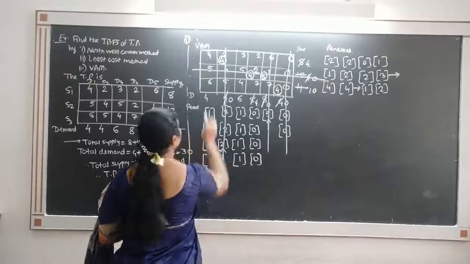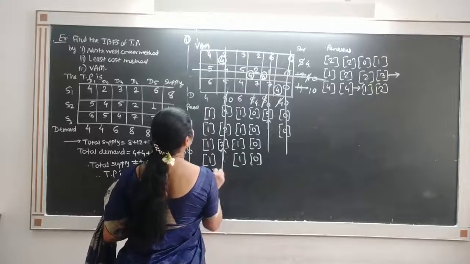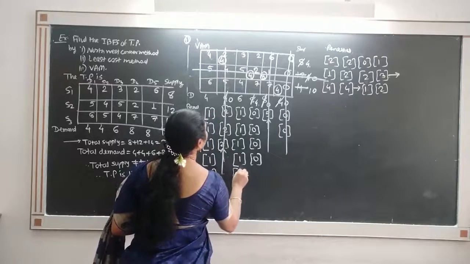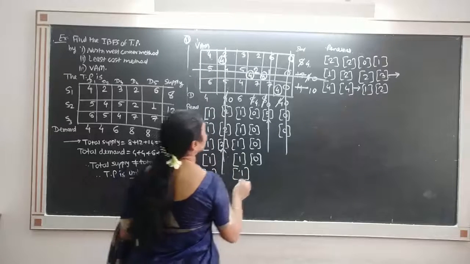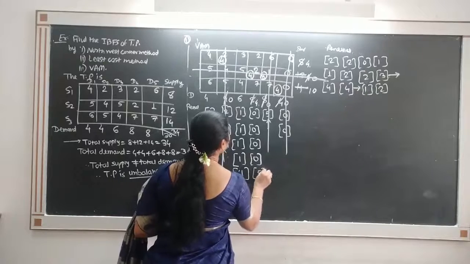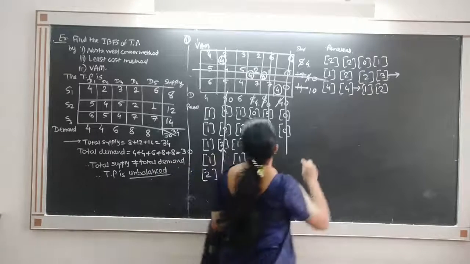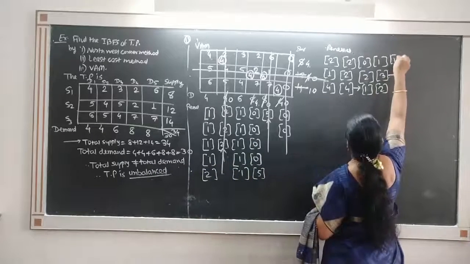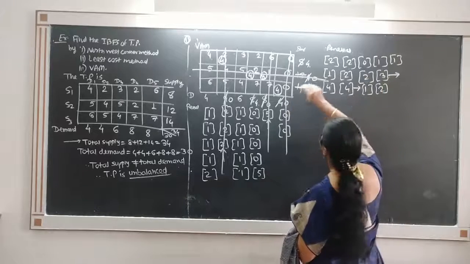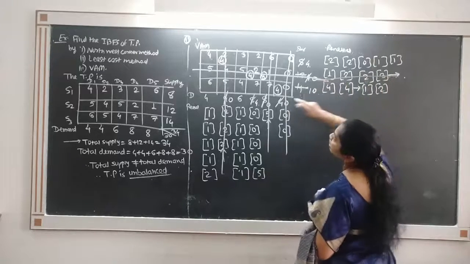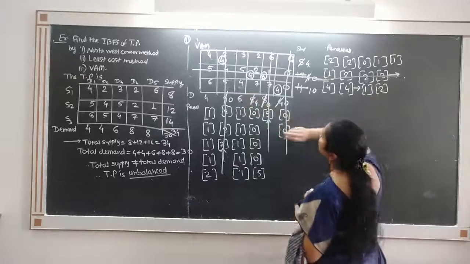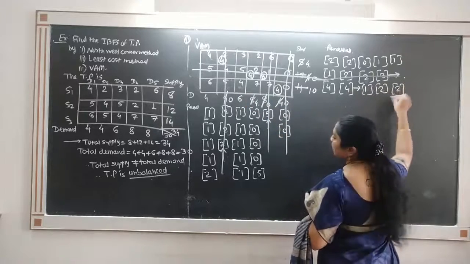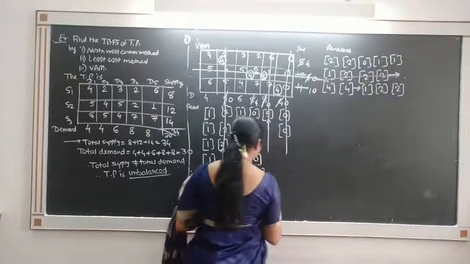Again take the penalties. 6 minus 4, 2. 4 minus 3, 1. 7 minus 2, 5. 3 minus 2, 1. This is already crossed out. 6 minus 4, 2. Maximum is 5.